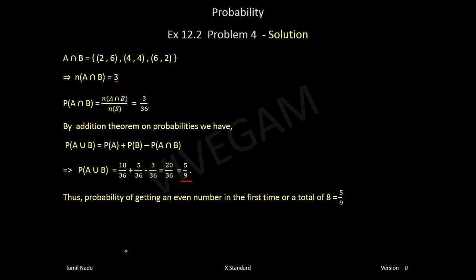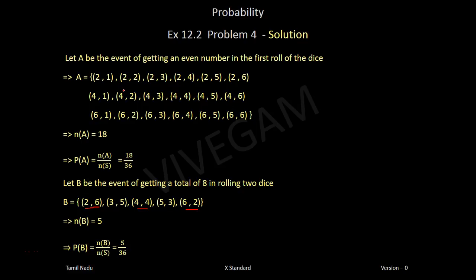Then find the probability of A and B happening together. That is, the first die has to give an even number and the total has to be 8. This time, you don't need to go to the sample space. Go to event B, because this is A and B together, right? So the outcome has to be in both A and B. It is better to go to B because B has fewer entries. From this, find which outcomes fulfill both conditions.